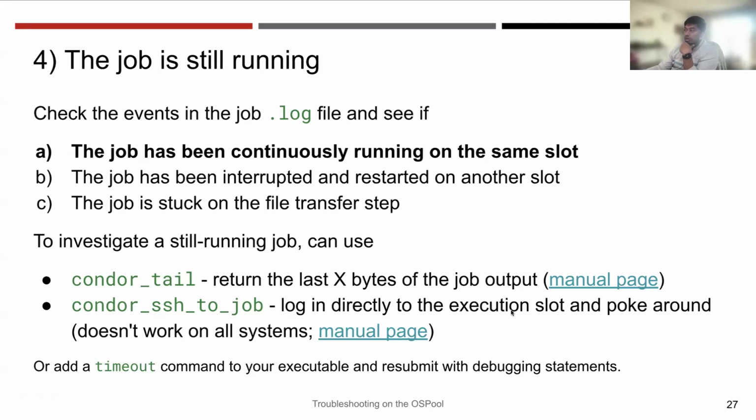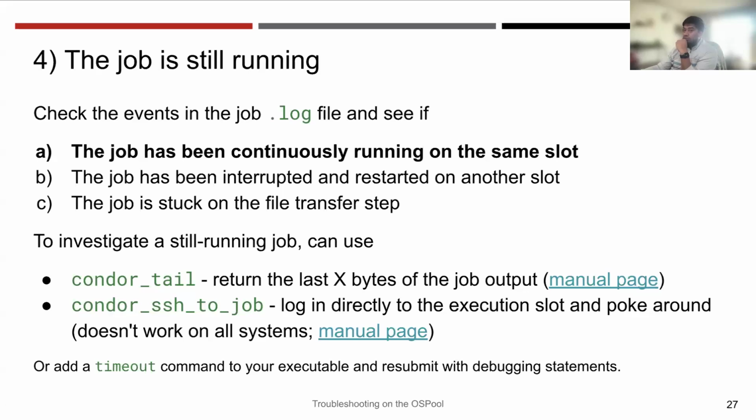Another tool that is a bit tricky to use on our system right now is condor_ssh_to_job, where you get the ability to directly log into our execution slot. I wanted to delete this point from the slide, but I kept it because we do have some sites that give you the ability to SSH into the job. But we don't have a job class ad created for that yet, so this is something I believe will be in development.